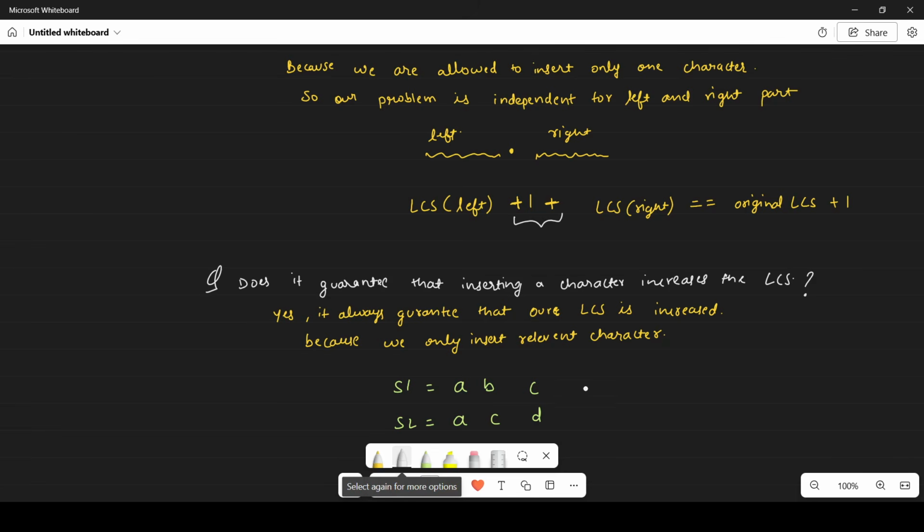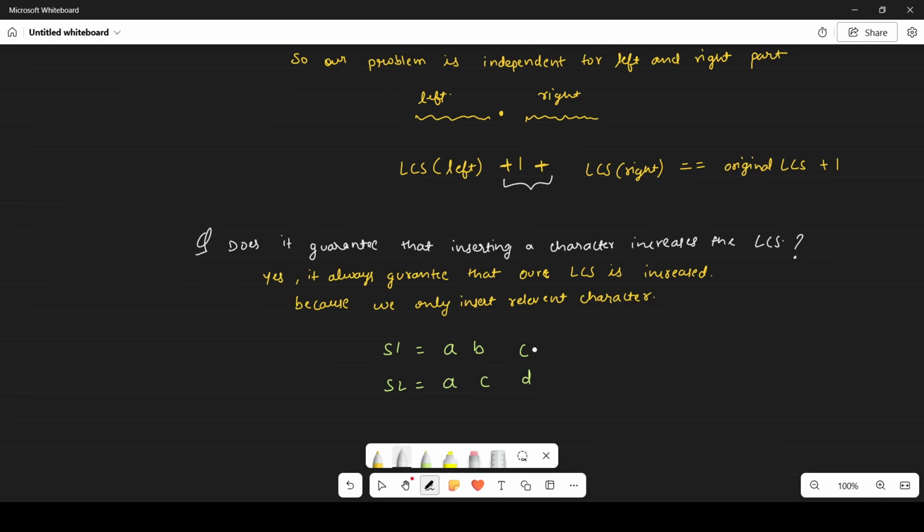So to make your LCS increase by 1, what character do you insert here? You insert this character, not any random character. So that's why your LCS increases by 1. That is ACD in S1 and ACD in S2 also.